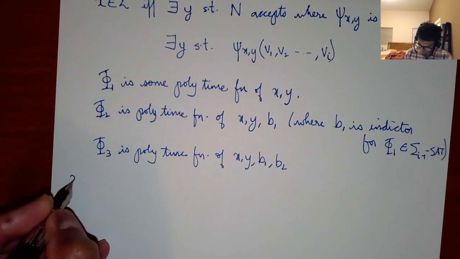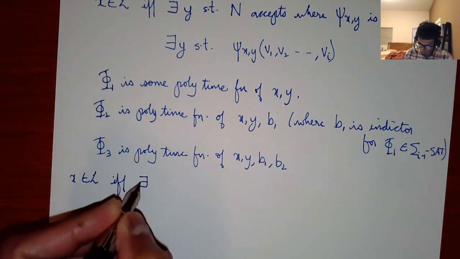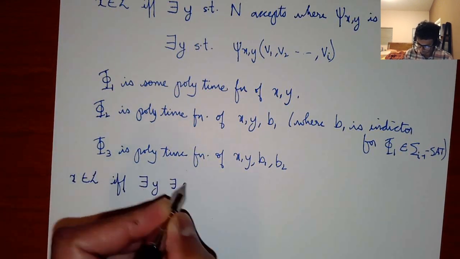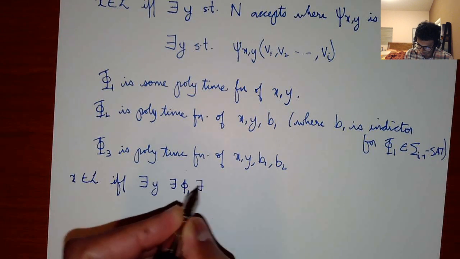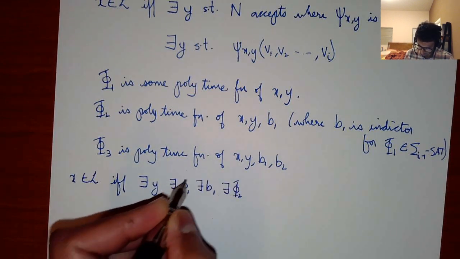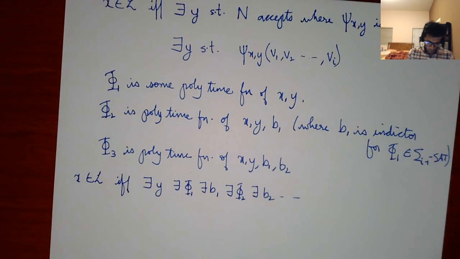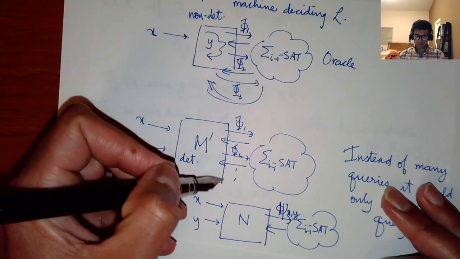I'll say that x is in L if and only if there exists a y, there exists a Phi1, there exists a b1, there exists a Phi2, there exists a b2, and so on and so forth, for however many this makes, some polynomial number.